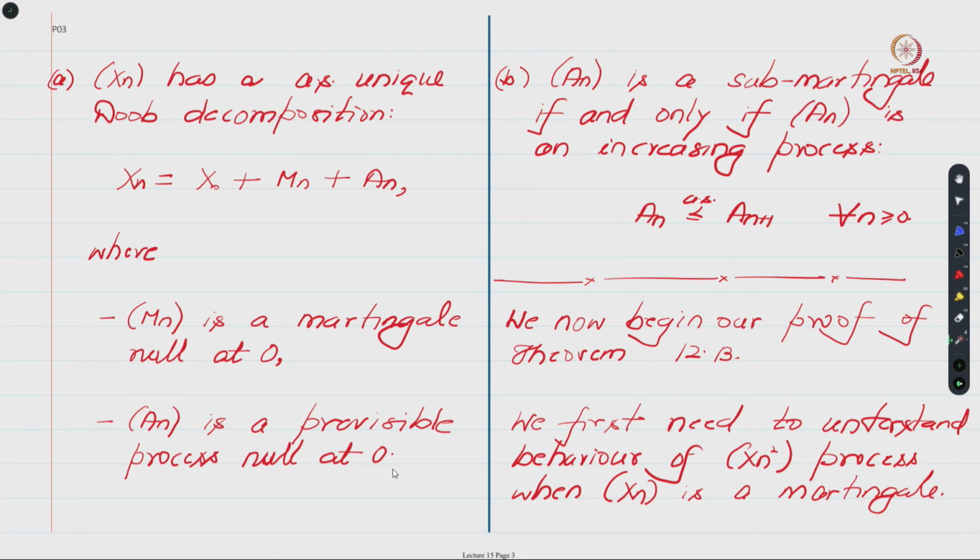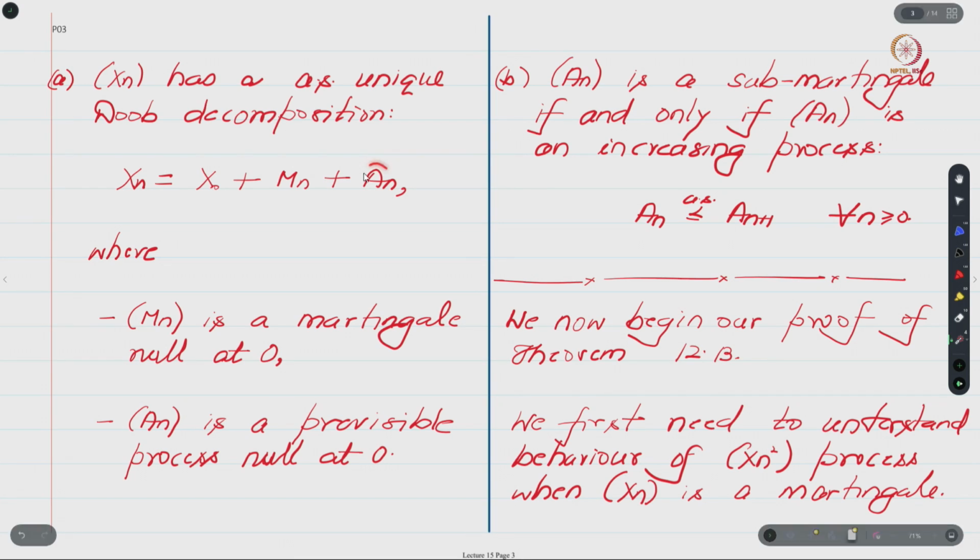Is this okay? So the thing to note here is that for this Doob decomposition to exist, Xn did not have any special property. It is just a process that is in L1 and adapted to this filtration Fn, and as soon as you have such a process, we will have this very nice decomposition. And An is some predictable process.